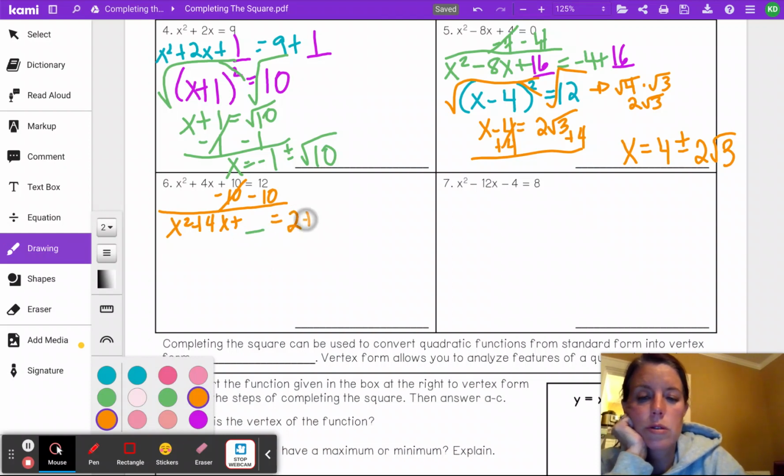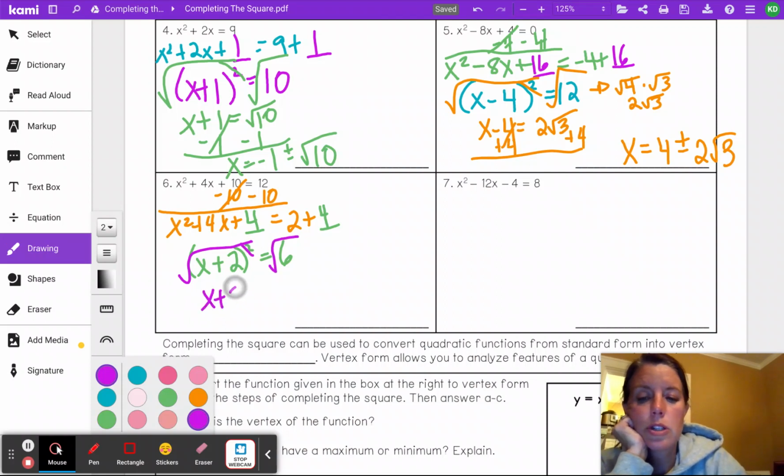So 2 plus whatever my new value is. All right, half of 4 is 2, and then 2 squared is 4. So 4 on both sides. Binomial squared, x plus 2 squared equals 2 plus 4 is 6. Let's do the square root method.